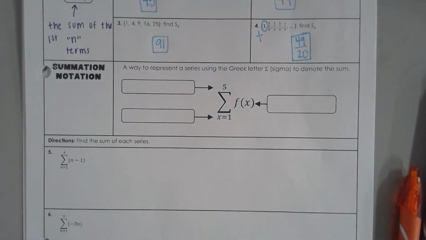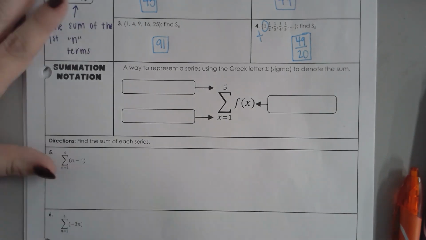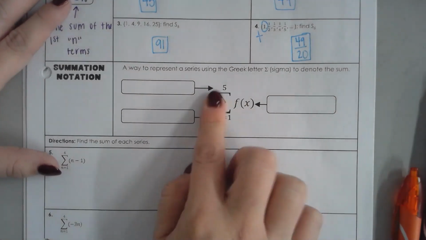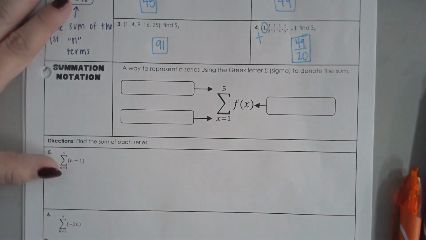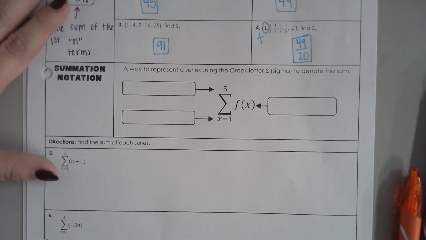It is one of those up there. Yes, sigma. It is a Greek letter sigma that means sum. And our calculator does all of this for us, but we have to tell the calculator what to do.